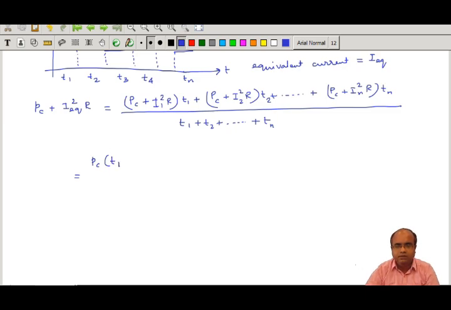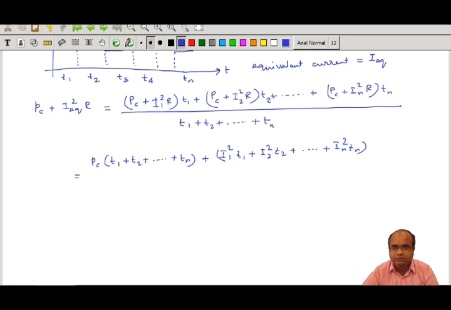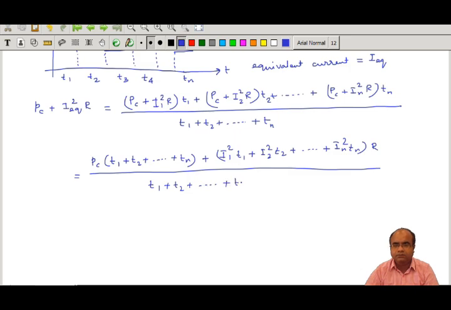PC is constant, the energy will be PC multiplied by t1 plus t2 plus up to tn, plus R to be taken as common because motor resistance is constant, I1 square t1 plus I2 square t2 plus up to In square tn multiplied by R. Okay, whole divided by the total time.